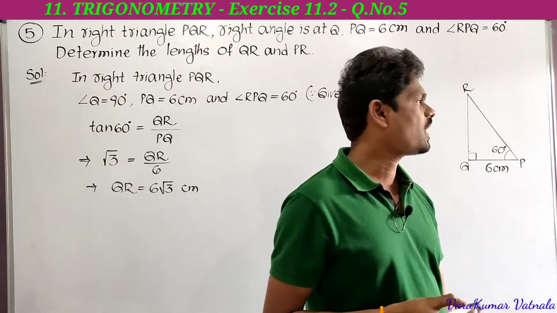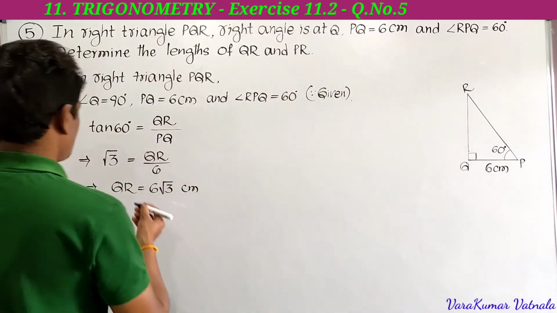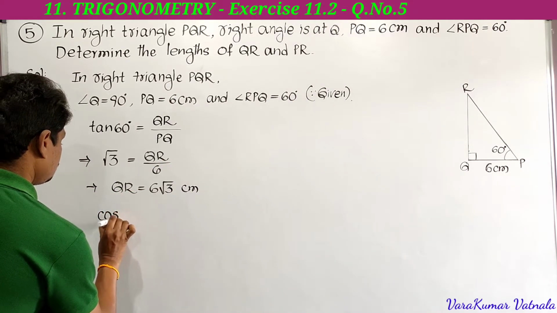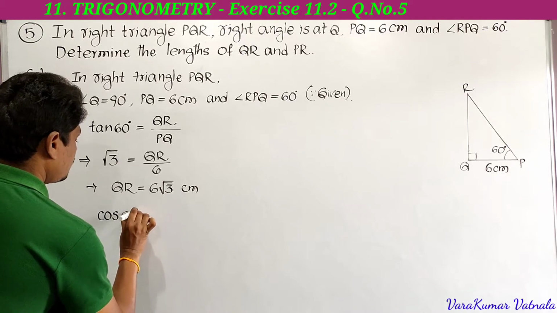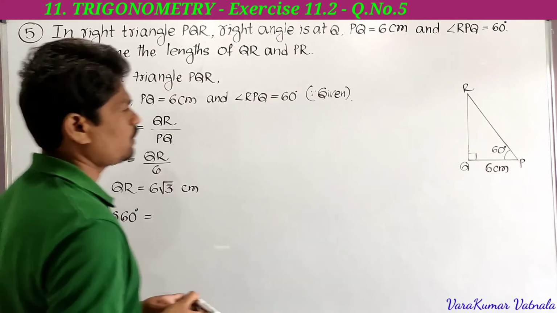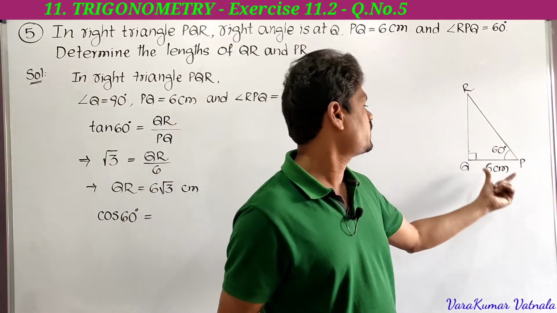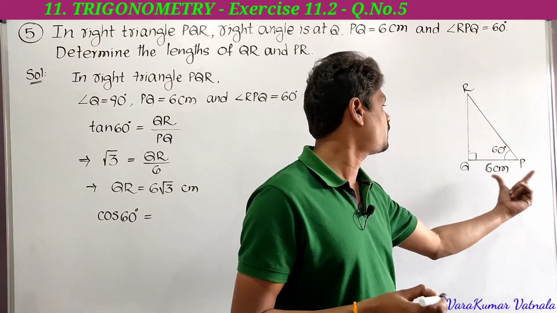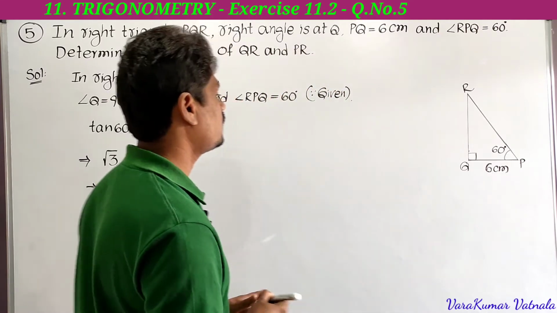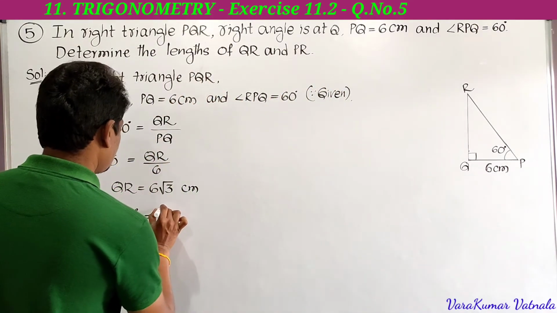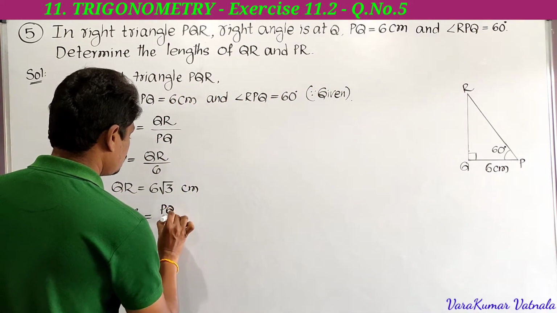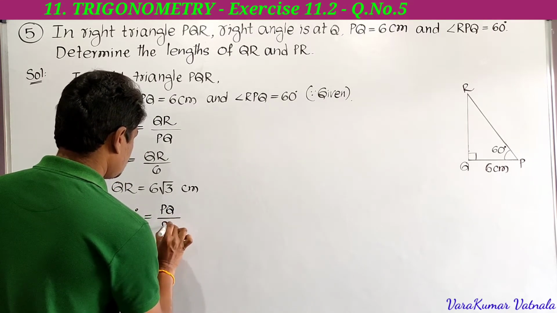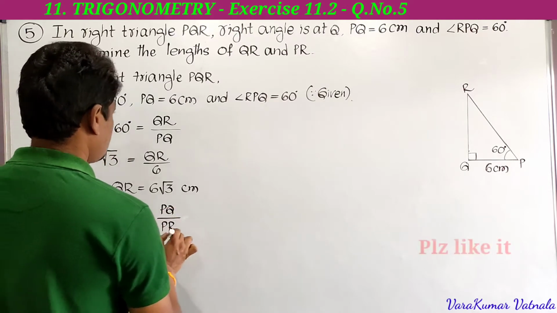Which trigonometric ratio relates these two? Cos theta. So we write cos 60. Again in right angle triangle PQR, cos 60 is adjacent side by hypotenuse. Here the adjacent side is PQ divided by the hypotenuse PR.